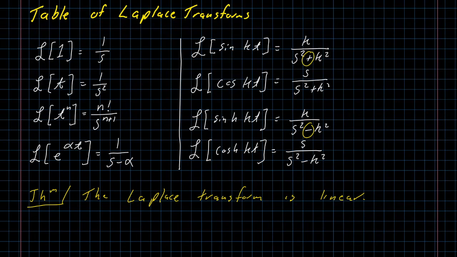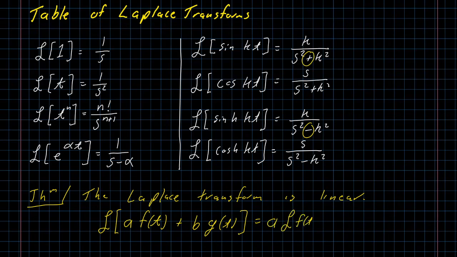But for our purposes right now, remember that for an operation to be linear, that means if we take a linear combination, some constant a times f of t plus some other constant b times g of t, we should get out the same linear combination: a times the Laplace transform of f of t plus b times the Laplace transform of g of t.